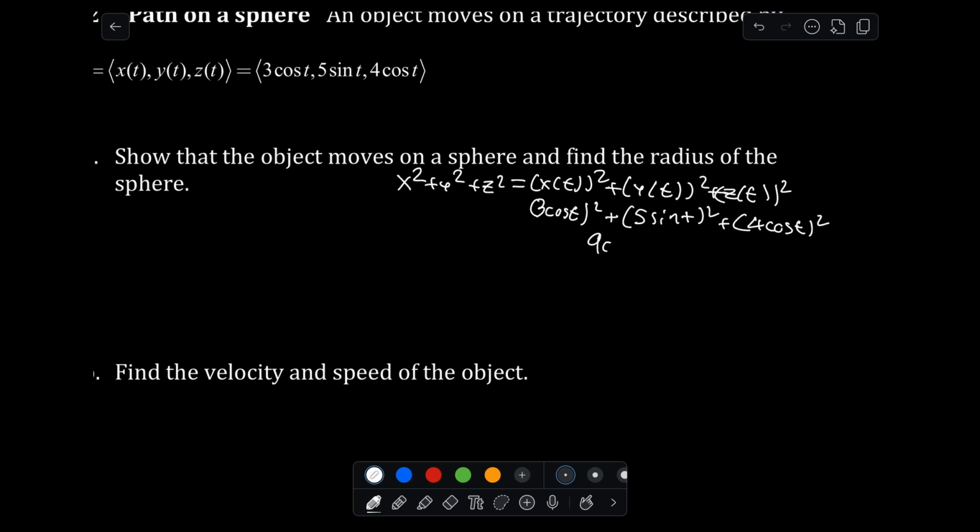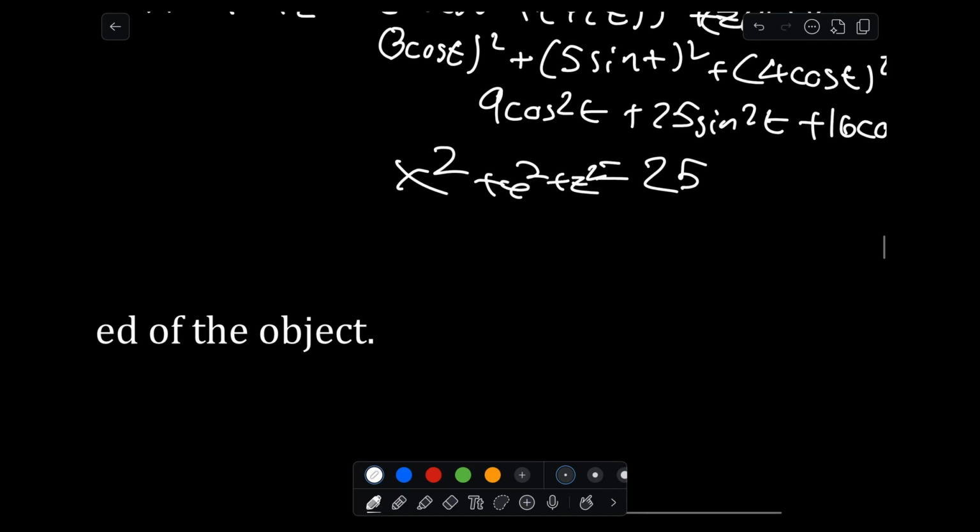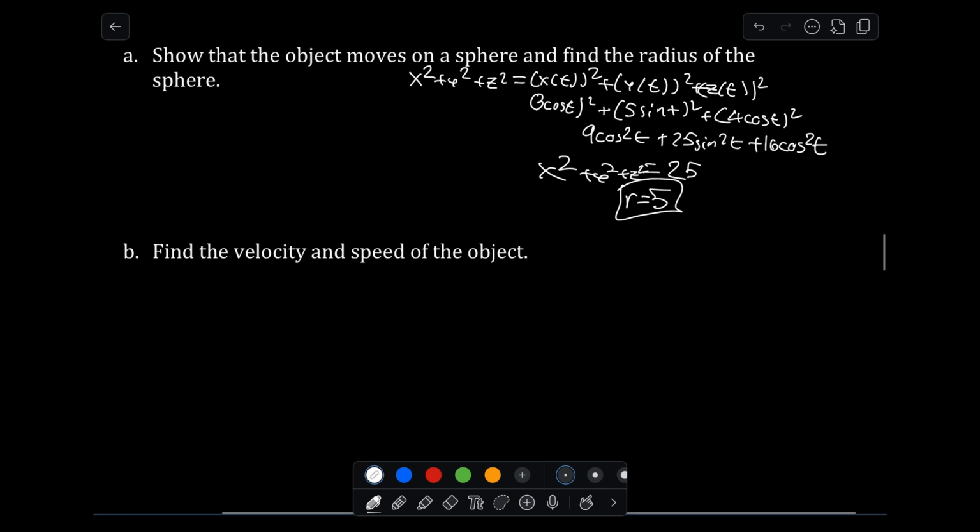This becomes 9 cosine squared t plus 25 sine squared t plus 16 cosine squared t. This becomes 25 cosine squared t plus 25 sine squared t. So that just becomes 25 equals this whole quantity. Kind of a bad drawing with y there, but then we can figure out our radius should equal 5. And it maps on perfectly.